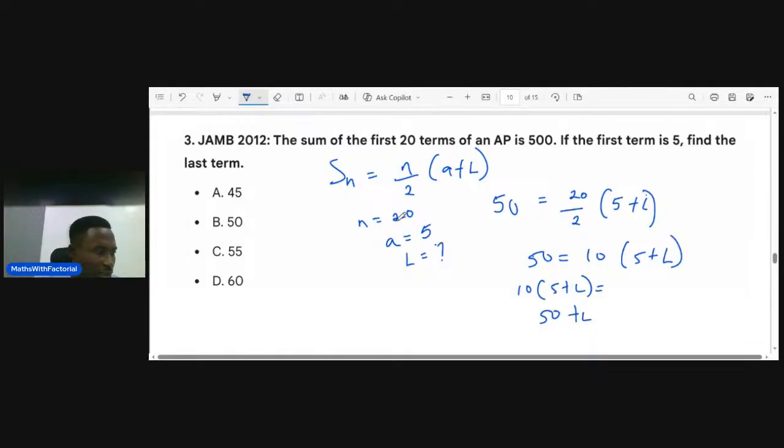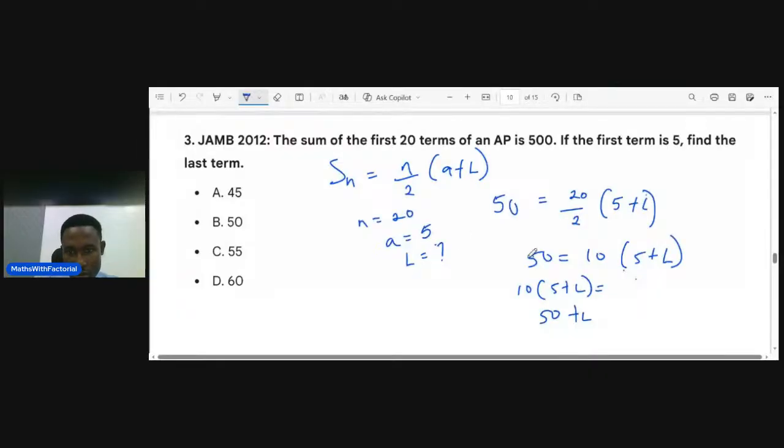Let me check the past question, because by the time you multiply 10 times 5 you are getting 50, and l cannot be 0, of course. The last term here cannot be 0. So let's finish solving it. So this one is giving us what now?